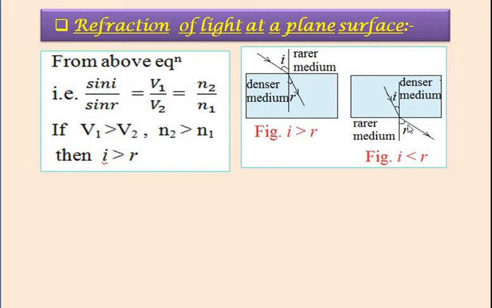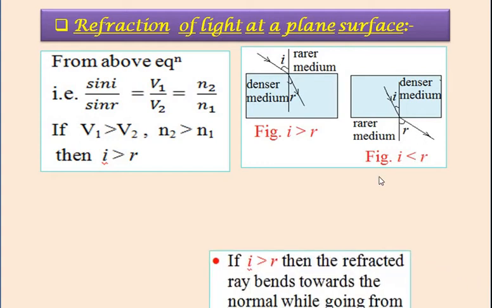experimentally, it is observed that the angle of refraction R is greater than the angle of incidence I. That is, angle of incidence is less than the angle of refraction R. Then the refracted ray moves away from the normal.